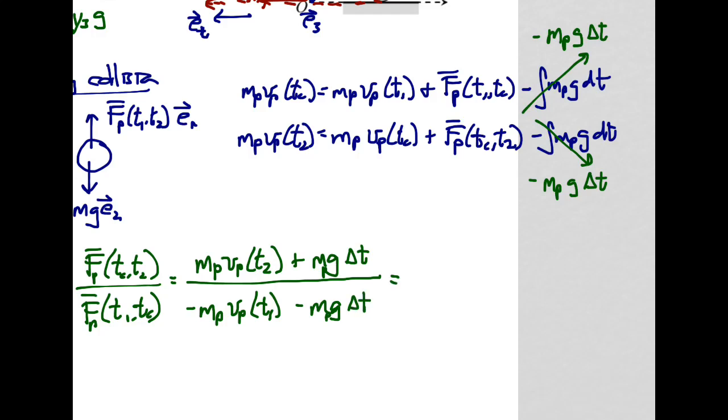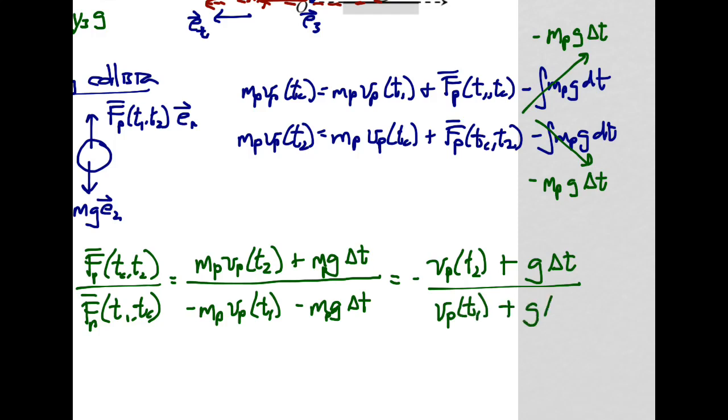And so our final expression is negative Vp at T2, because we're just canceling our masses, plus g times delta t, over Vp at time 1 plus g multiplied times delta t.